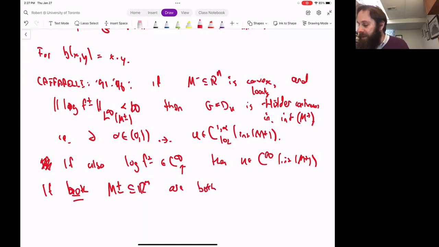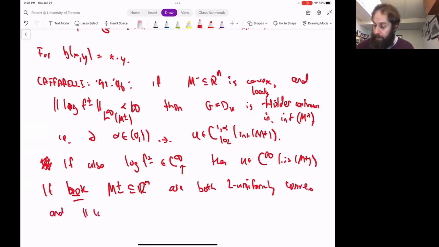And I think he actually needed them to be uniformly convex, in other words, to have positive curvature at every point on their boundary. And log F plus and minus, the fact that F plus and minus are bounded away from 0 says that these sets can't have infinite volume, and then being convex, they have to be compact as well.